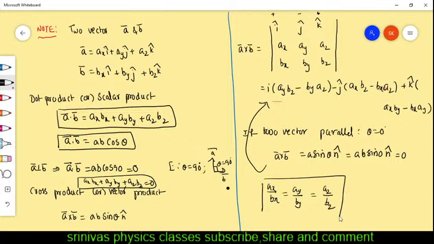This condition we have to use when two vectors are parallel to each other. From where you get this 0, you should substitute it here: this is a bar cross b bar, on the left side you substitute 0. Then you simplify it, you will get it later.